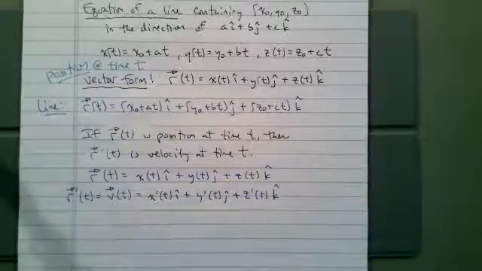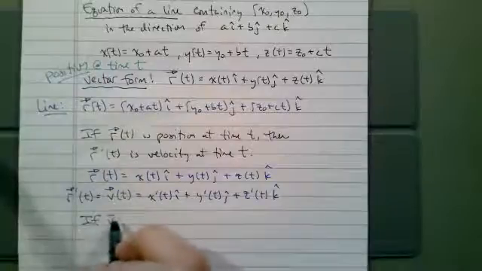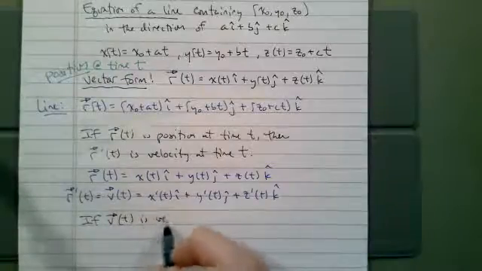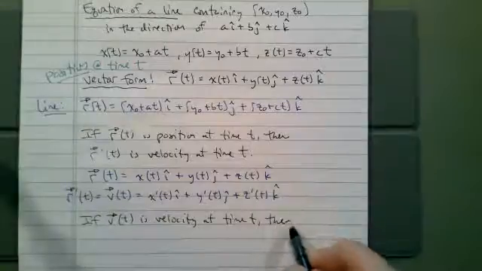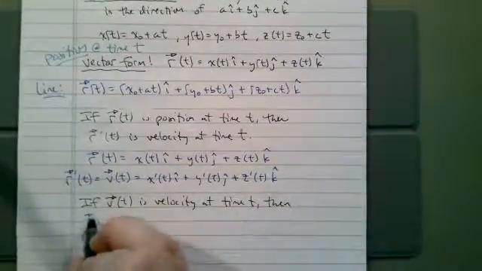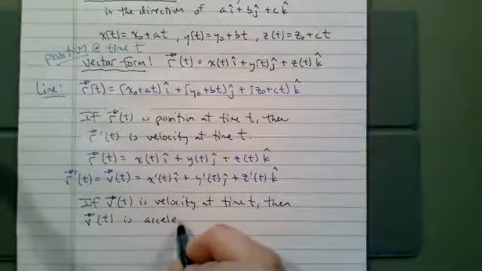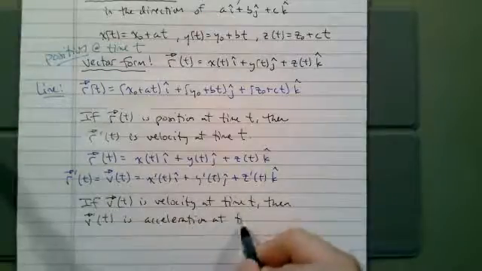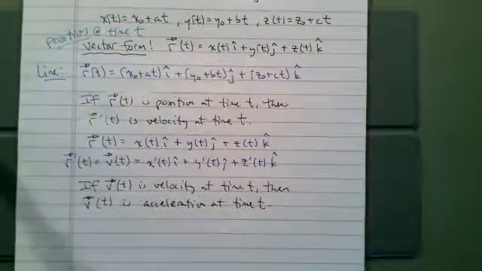And with more derivatives, the second derivative gives us the same thing we expect in single variable calculus. So if v of t is the velocity at time t, then v prime of t is the acceleration. So we have the same position, velocity, and acceleration, which is the second derivative.